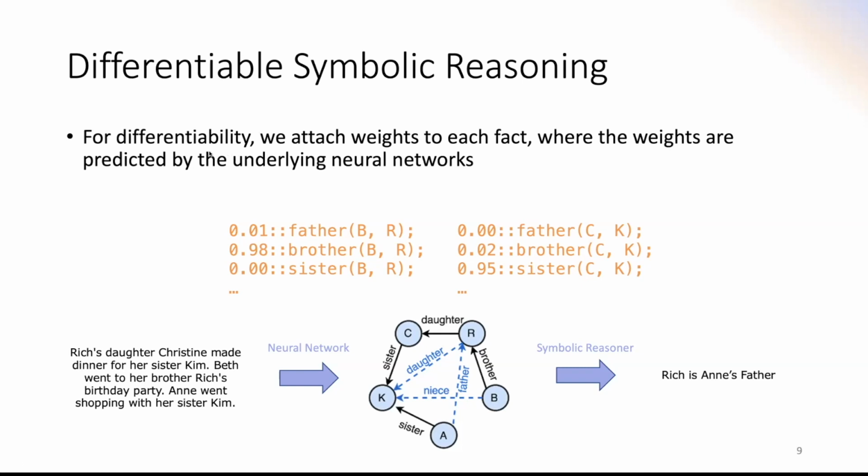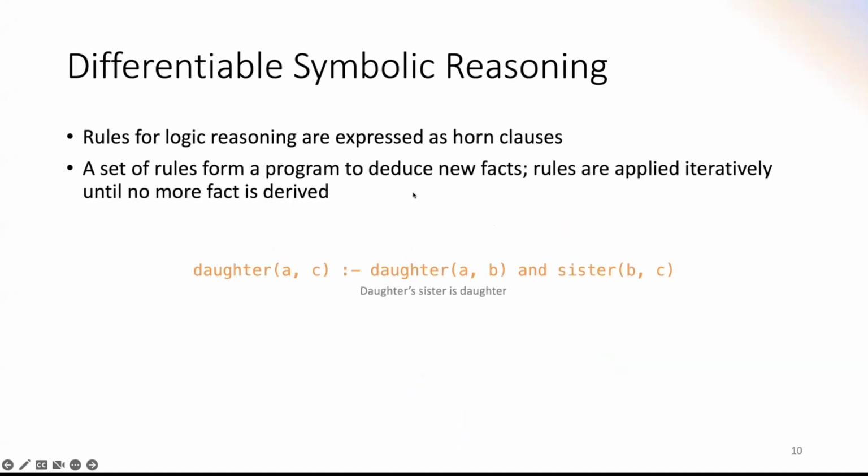So between B and R, they could be father, they could be brother, they could be sister, but then they will be associated with relative probabilities, right? In this case, B and R is most likely Rich is Beth's brother, so that fact could be tagged with a very large weight, while the other ones are tagged with very minimal weights, right? We can do that for every pair of people occurring in the unstructured input.